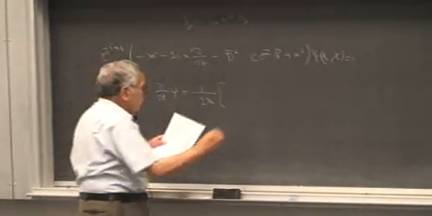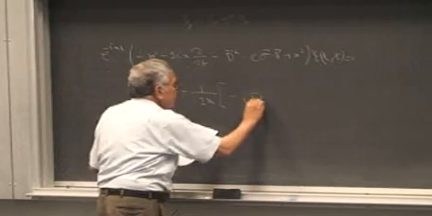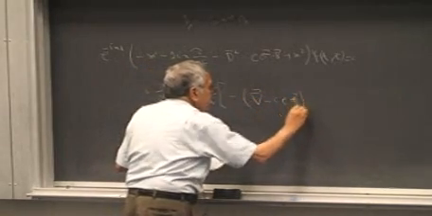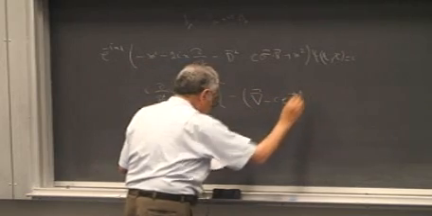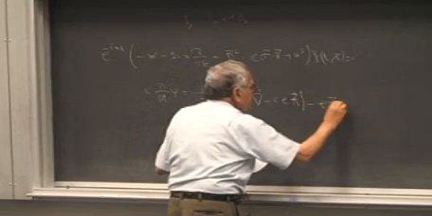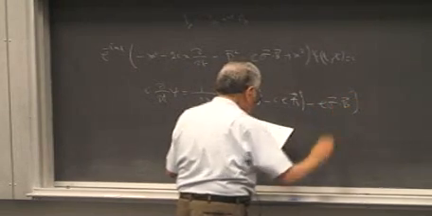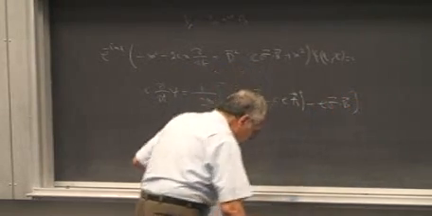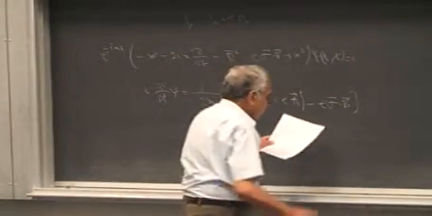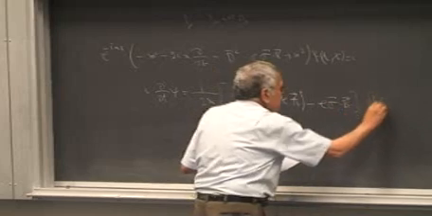So the space part will give you minus del minus i e A, squared, minus e sigma dot B, acting on psi of r, t.